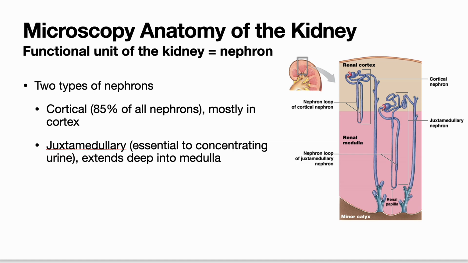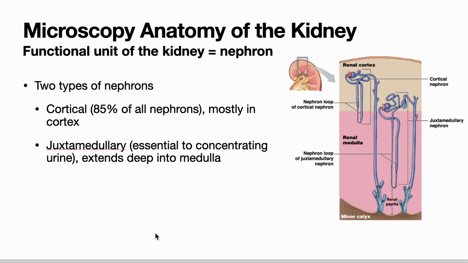So instead, we're going to use cartoon diagrams so you can get a sense of what it looks like structurally, and then relate that structure to its function as we move into future lectures. In terms of the microscopic anatomy, we identify the nephron as the functional unit of the kidney. It's what is going to make or produce urine.